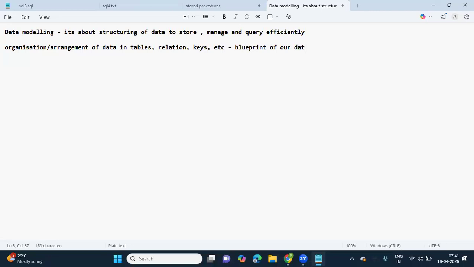Okay, so this data modeling can be done in various layers. Types of data models. These all seem to be theoretical, but when you are actually implementing the data or the tables, we have to use all these concepts.